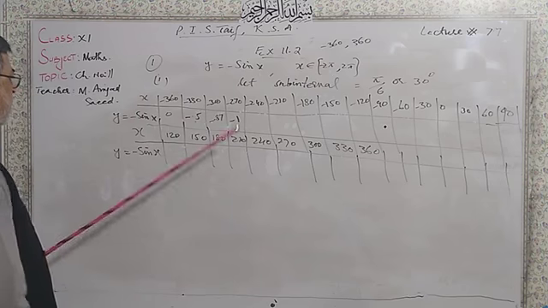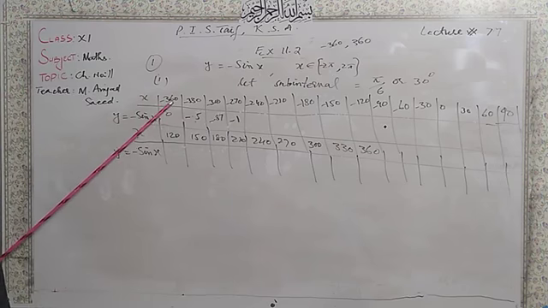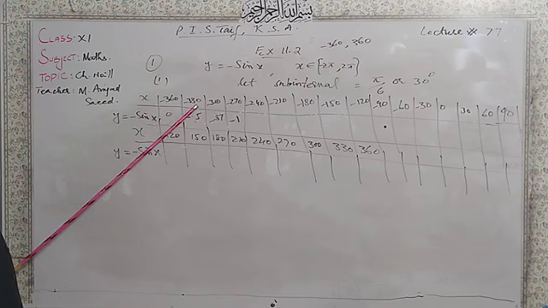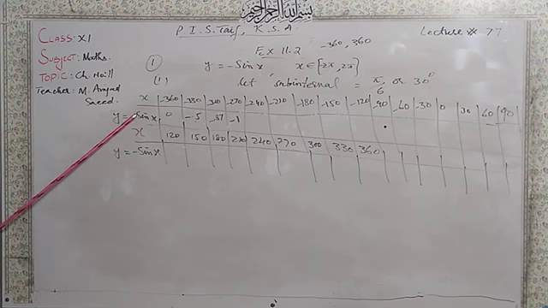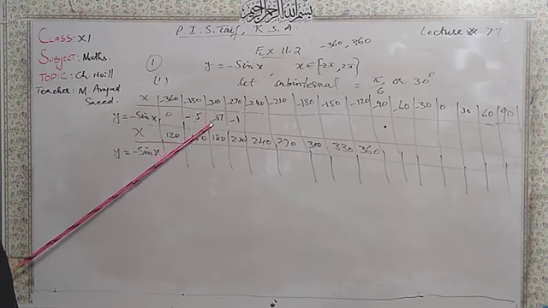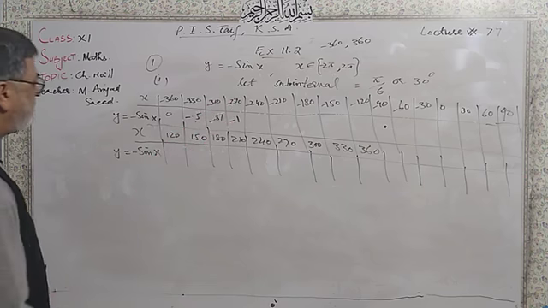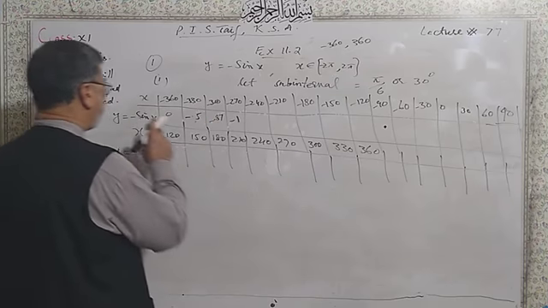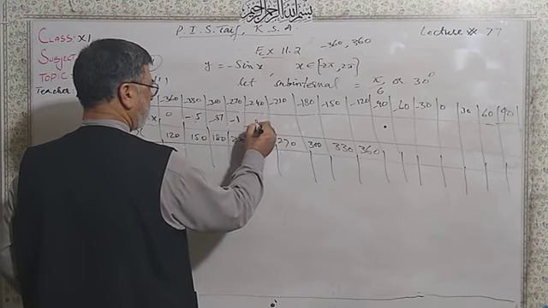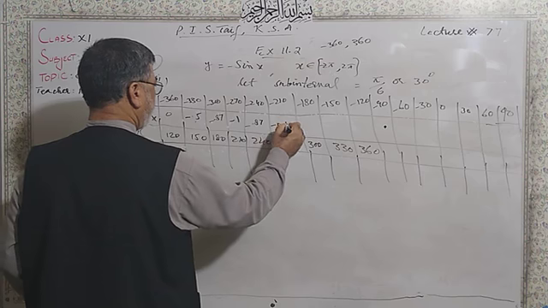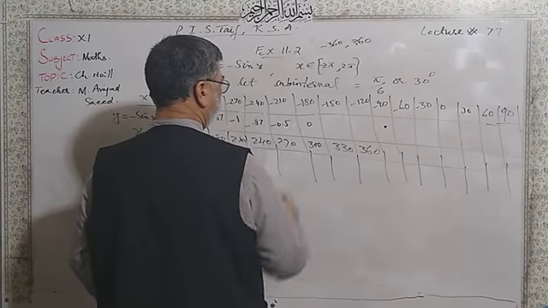Here is sine minus 360. That will be 0, sine minus 330. Actually, it is in the fourth quadrant. In fourth quadrant, sine is negative. So you will have negative sign here. Minus 300, sine minus 270 is minus 1. And sine minus 240 in third quadrant, it is again negative. Minus 0.87, minus 0.5 and 0.